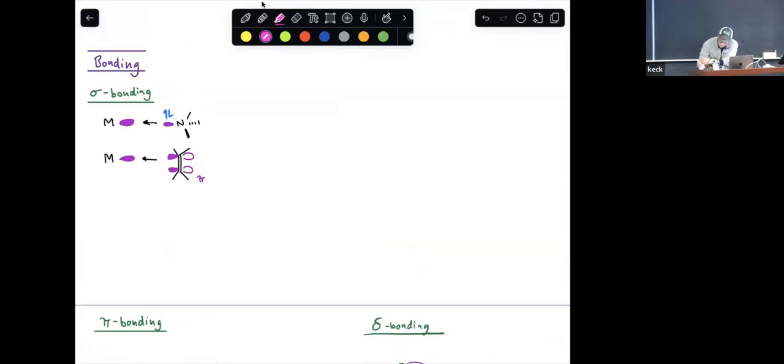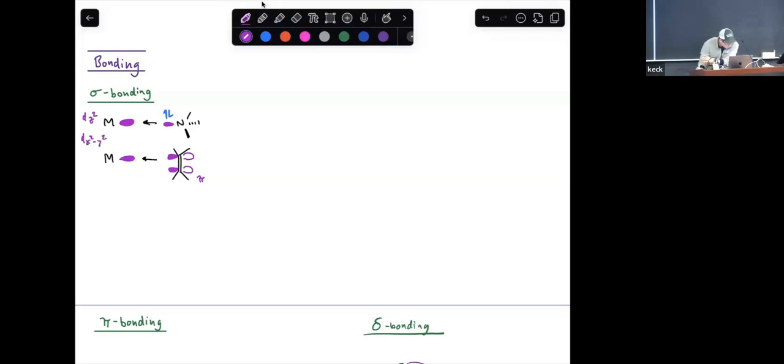And so we can consider some cases here. The lone pair from triethylamine or any tertiary amine will donate into an unfilled orbital on the metal. So think here, dz squared, dx squared minus y squared.